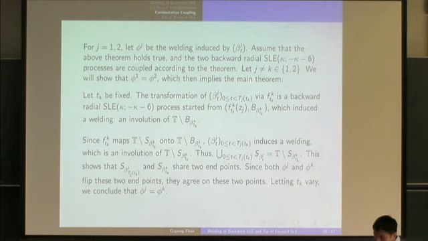This shows that the support of beta_j at time Tj of Tk and the support of beta_kTk share two endpoints. Since both phi_j and phi_k flip these two endpoints, they agree on these 2 points. Letting Tk vary, we conclude that the two weldings are the same.